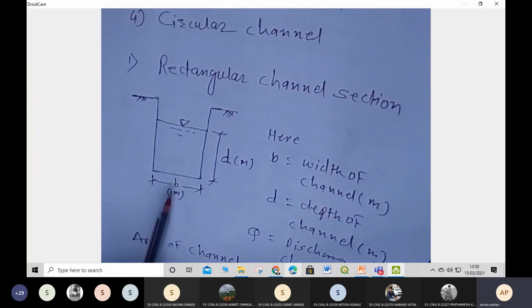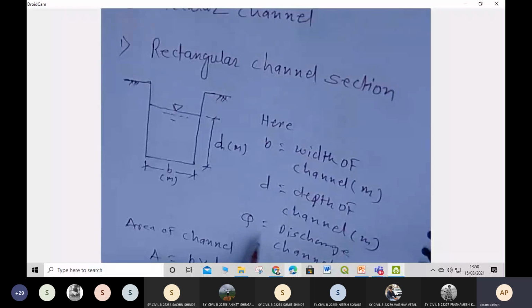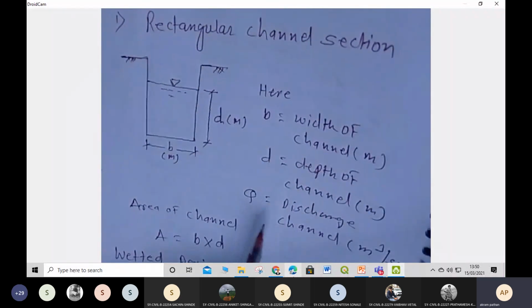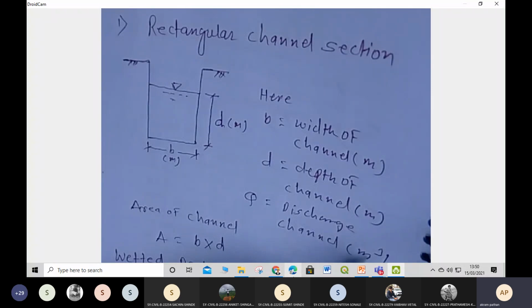We have the notation here, B the width of the channel in meters, and D the depth of the channel. Our main objective is to find the discharge in the channel with the help of Chezy's and Manning's formula.